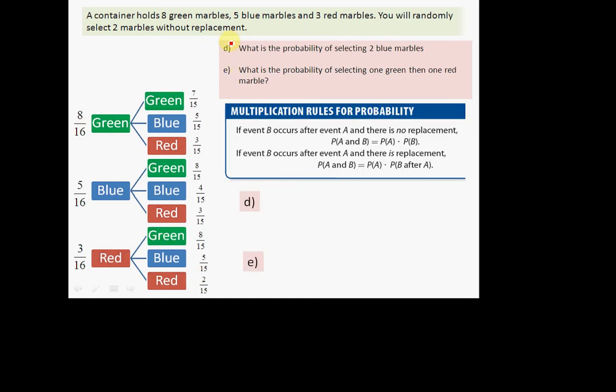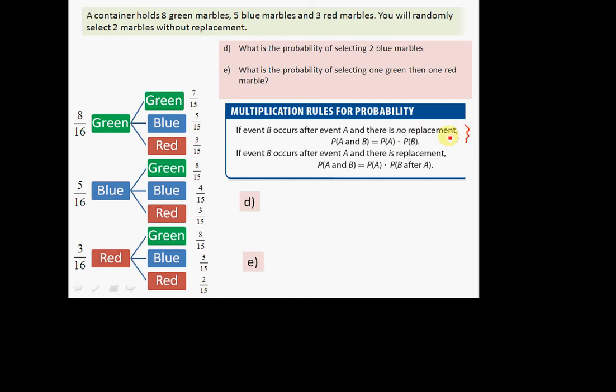And so in order to do these questions, we're going to use the multiplication rules for probability. And the multiplication rules for probability, let me find my cursor again. If event B occurs after event A and there's no replacement, then that's exactly the one we're using, right? The probability of A and B occurring is equal to the probability of A times the probability of B. So this is the one we're going to use.